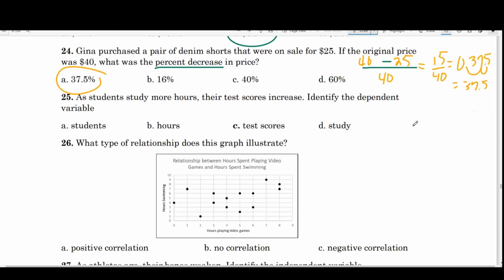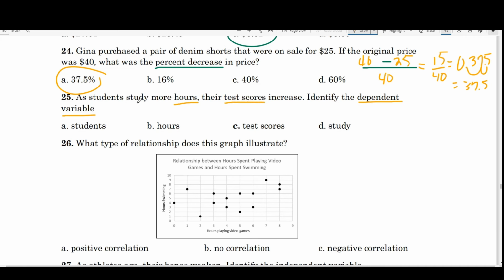Number 25 says, as students study more hours, their test scores increase. Identify the dependent variable. All right, so dependent is what's being measured. That's what's actually changing based on something else. So first thing we need to figure out is what two things are we talking about? We're talking about hours and test scores.